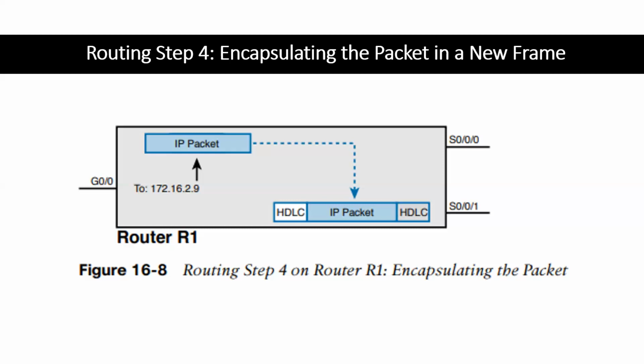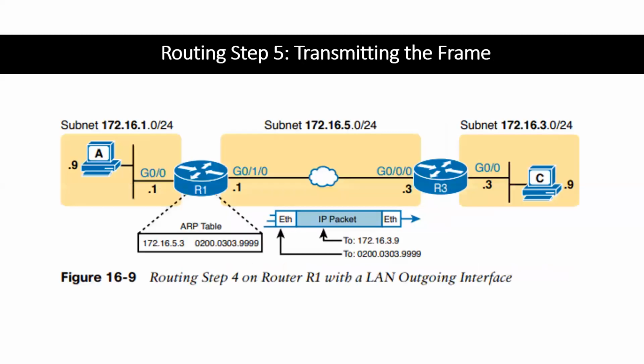It's going to put that Ethernet frame on there. Once it encapsulates that into a frame, and layer 2 is taken care of, it's going to shoot that on the wire.